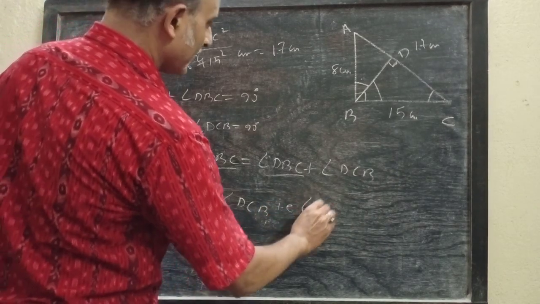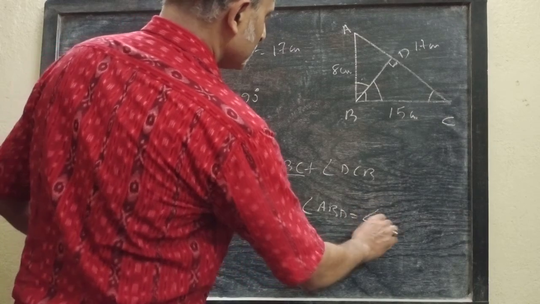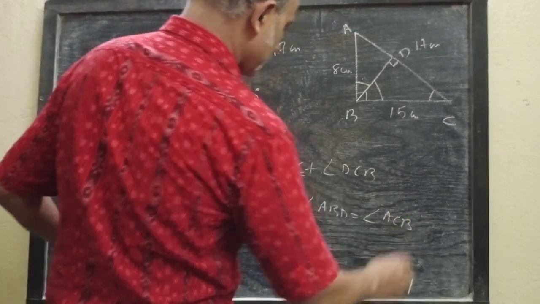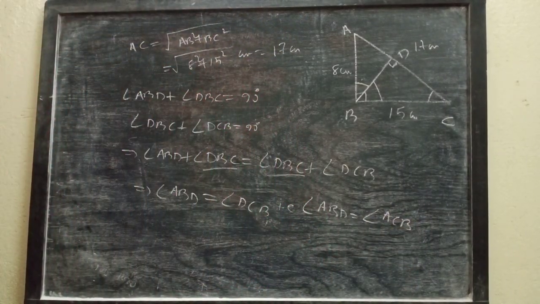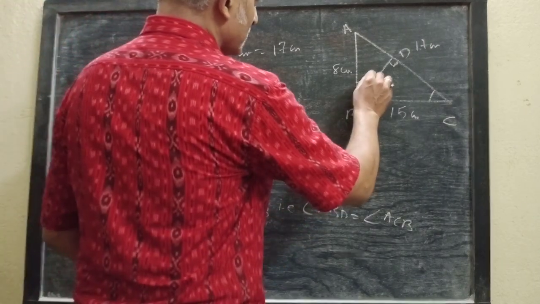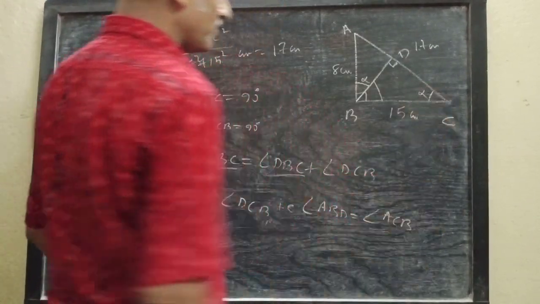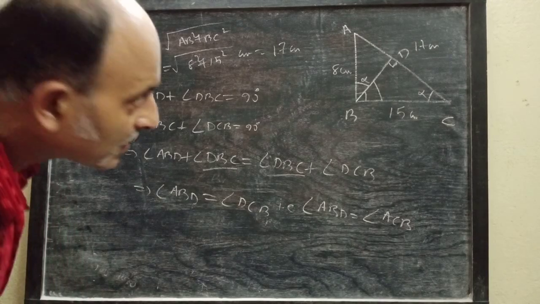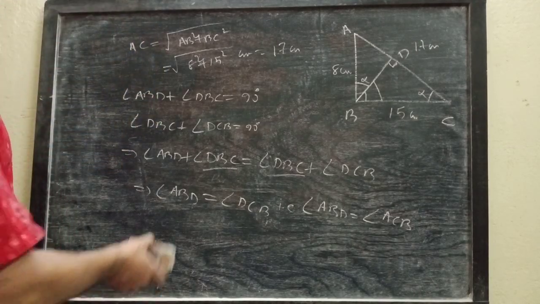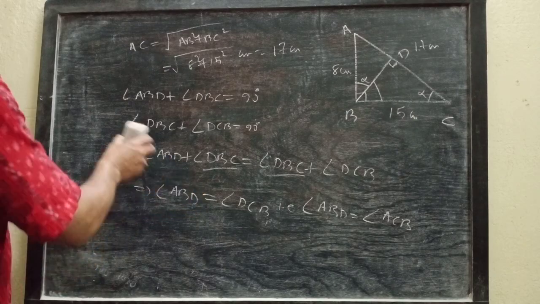That is, angle ABD will be equal to angle ACB, because DCB and ACB are the same angles. So if we consider this angle is alpha, this angle will also be alpha. Next, ABD plus DBC is 90 degree.